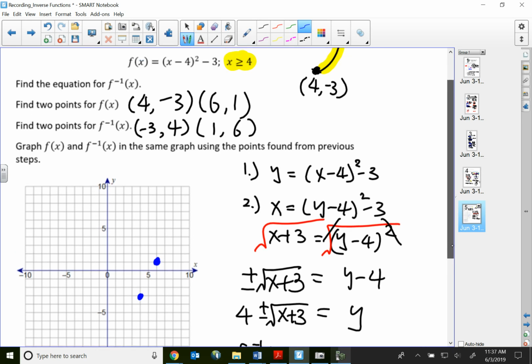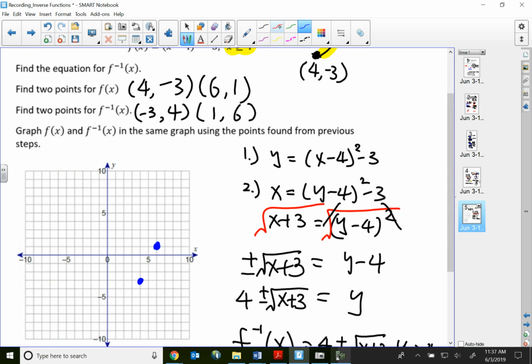My original half a parabola goes like this. That's my f. So now my inverse, -3, 1, 2, 3, up 4, 1, 2, 3, 4, and 6, 1, 1, 6, 1 up 6. And here is my inverse.